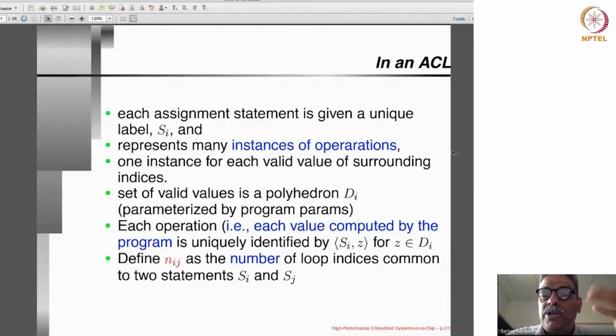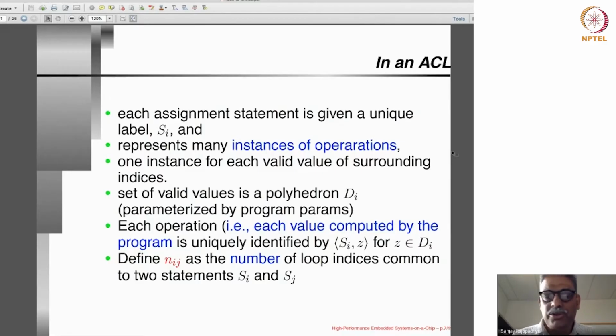One instance for each valid value of points in a surrounding polyhedron. Okay, and this polyhedron for the statement S is parameterized by program parameters. Each operation, that means each value computed by the program, is uniquely identified by a label of the statement and an index point belonging to the polyhedron.